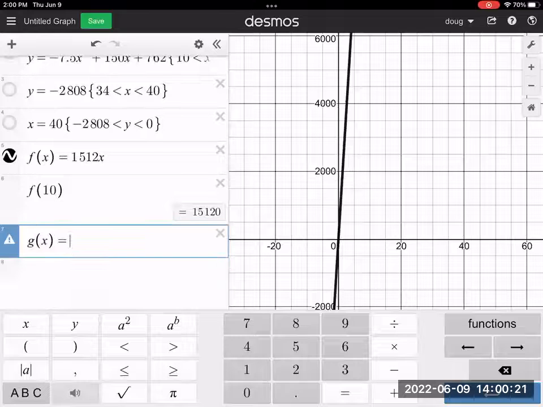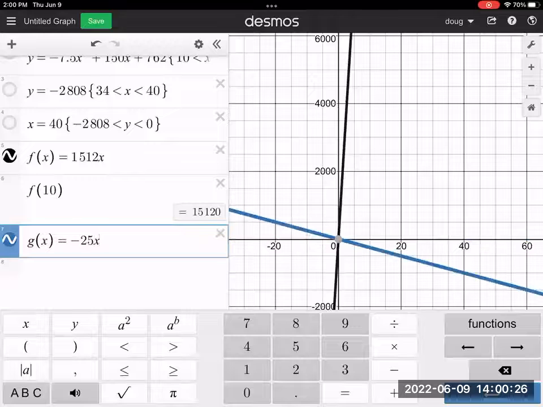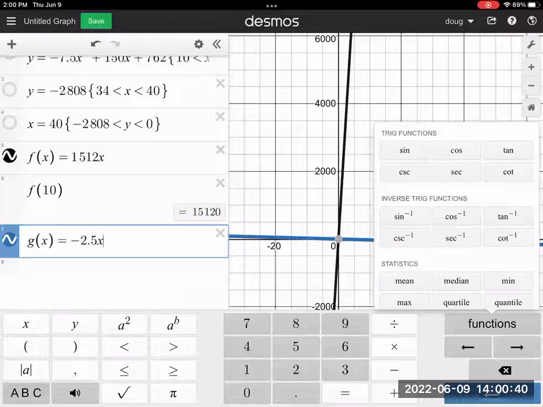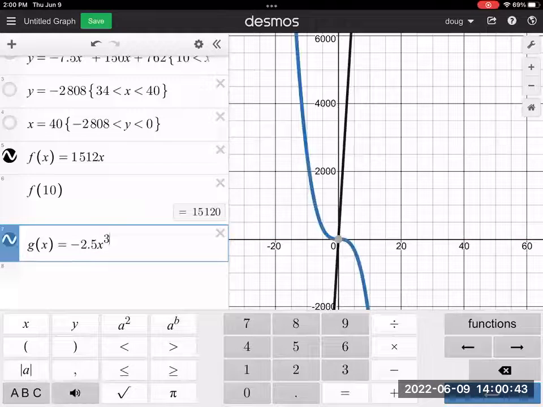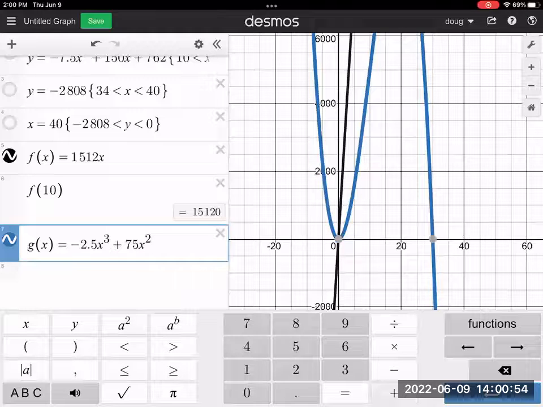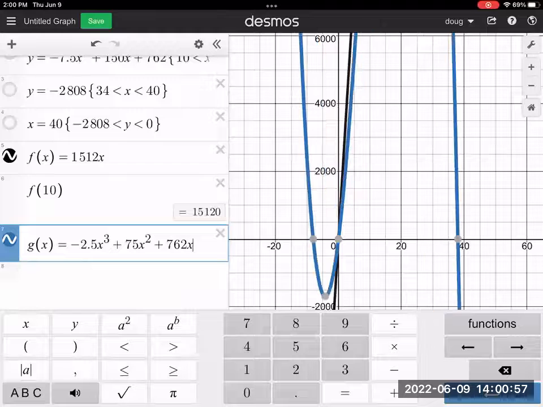And we said that was equal to negative 2.5x cubed, then we jump to plus 75x squared, and then 762x, and finally plus 2,500.